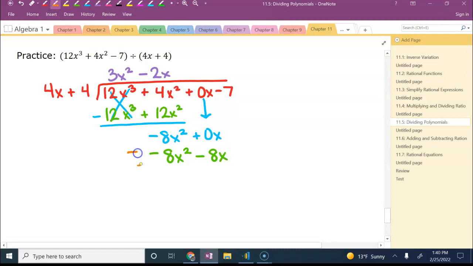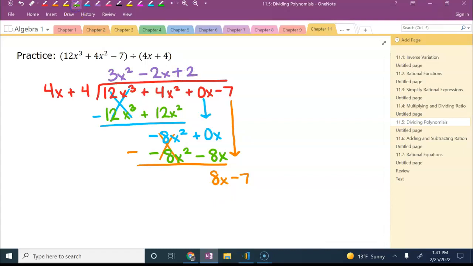Again, we subtract. 0 minus a negative, you're going to end up adding, so you get positive 8x here. Bring down that minus 7. One last time, 4x to 8x would be a 2, so plus 2. And we would have 8x plus 8.